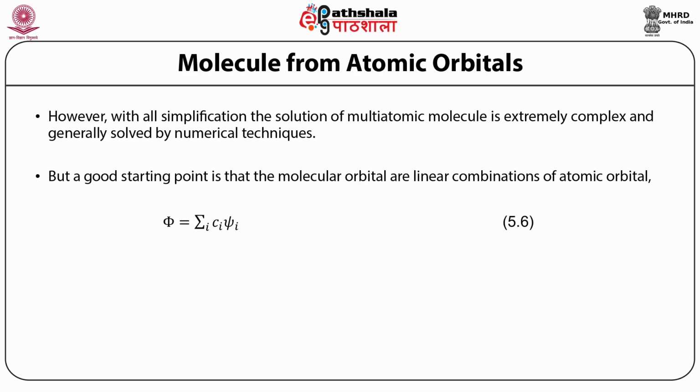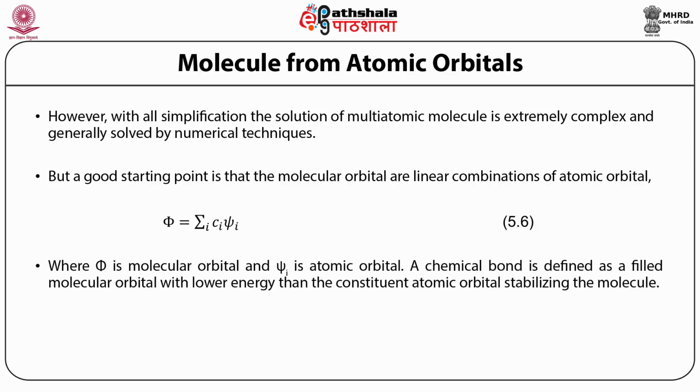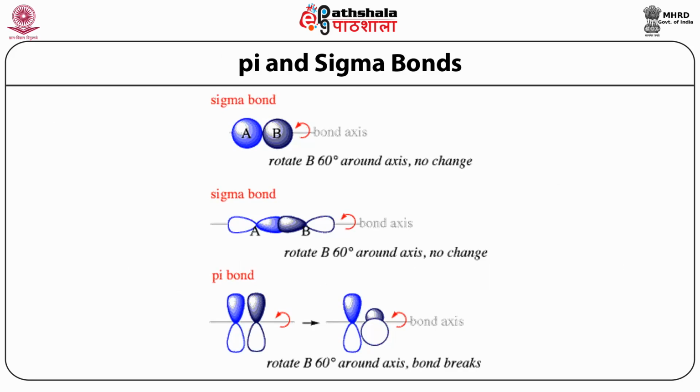That is, if phi is the molecular orbital and psi i is the atomic orbital, then phi is equal to the summation over i of Ci psi i. A chemical bond is defined as a filled molecular orbital with lower energy than the constituent atomic orbitals, stabilizing the molecule. So now students, let us discuss the pi and the sigma bonds.